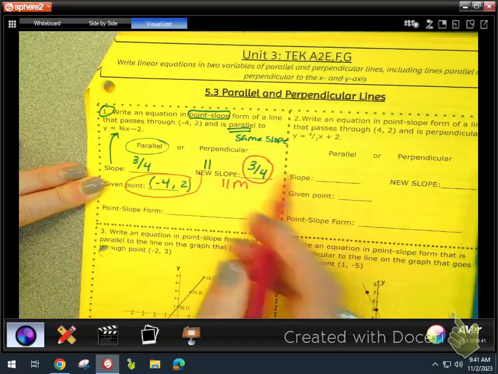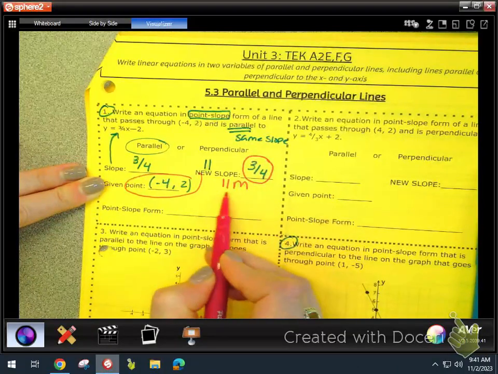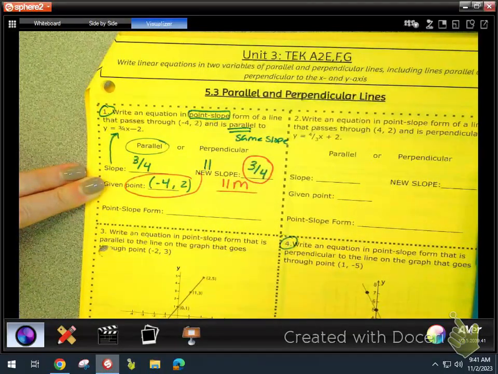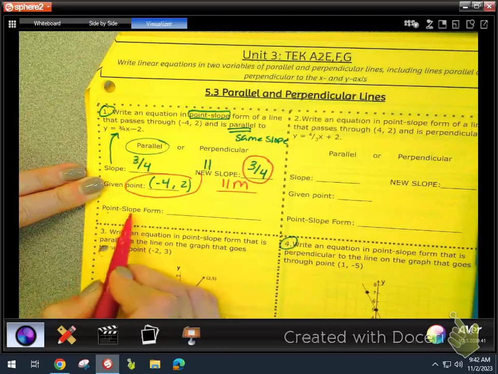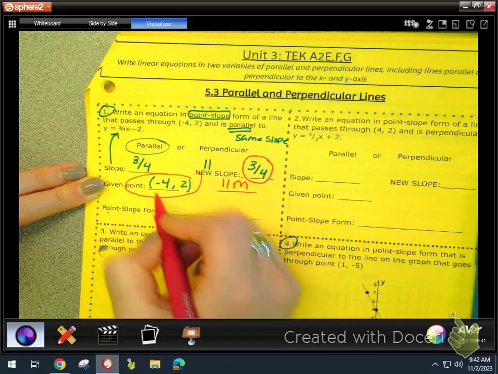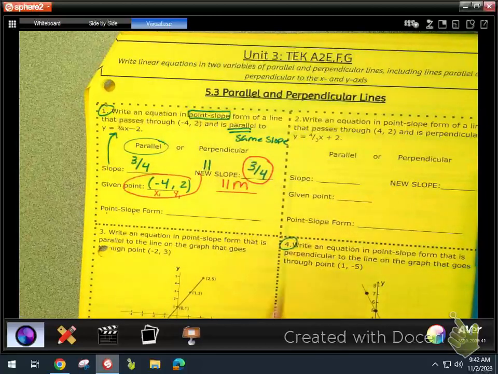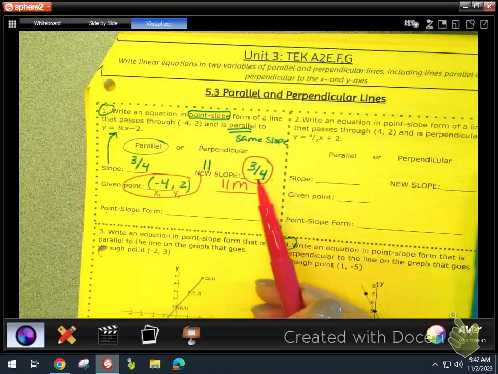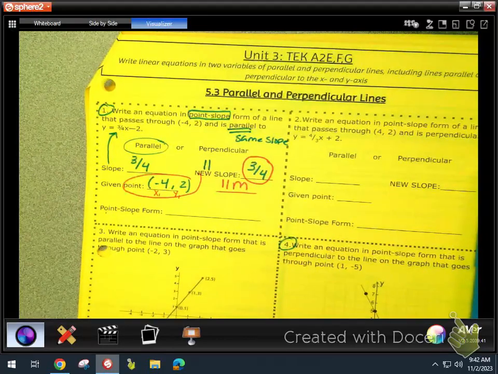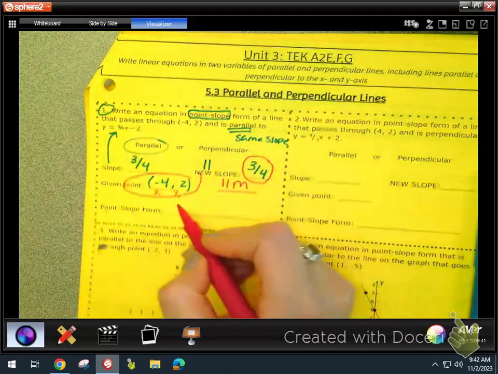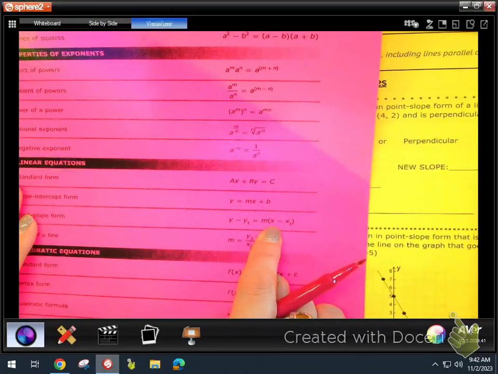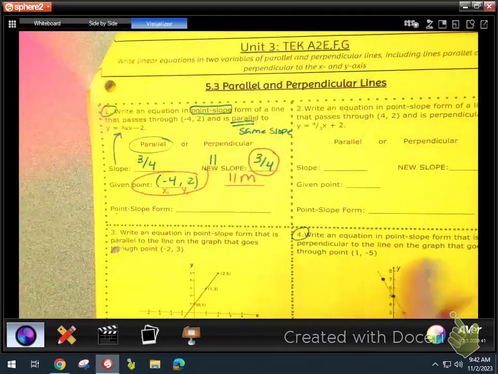So do you see what we have? We have a point. We have a slope. We're going to go to point slope form. This is our x1, our y1. This is not new. The only thing new is we had to steal the slope, keep it the same, and plug it in. So here we go. Point slope form is, on my chart, y minus y1 equals m times x minus x1.